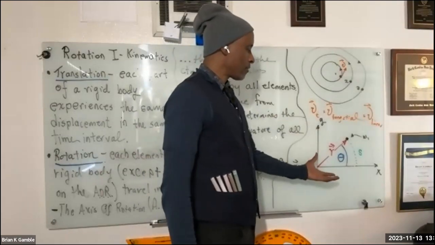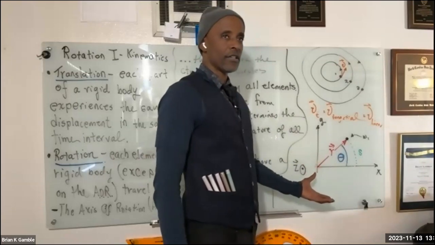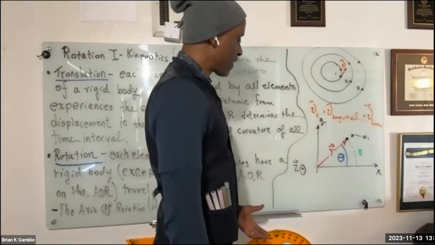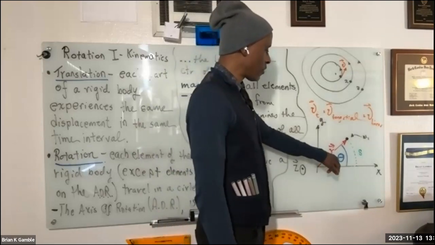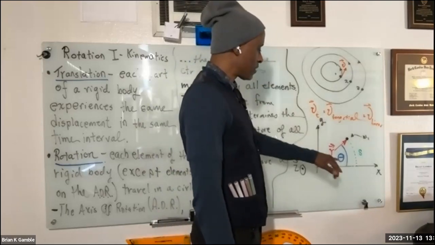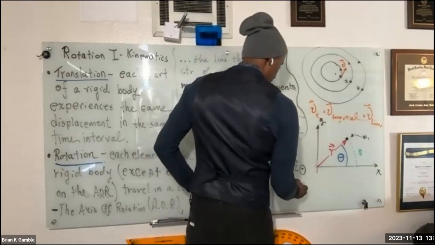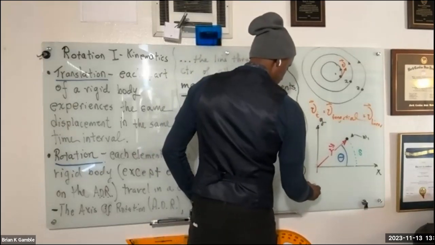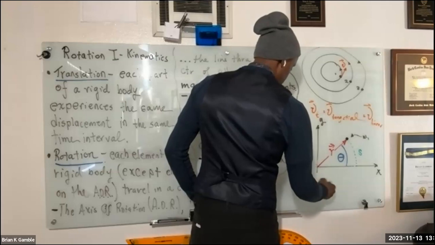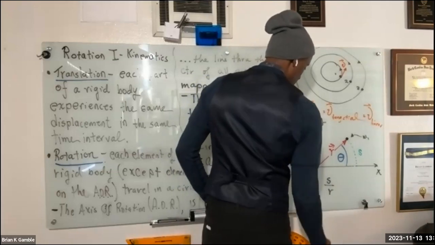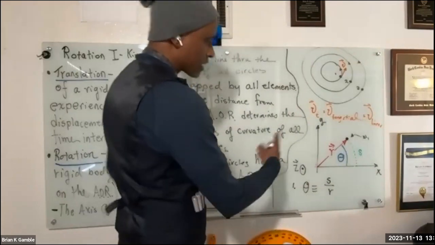This is where an angle is actually defined. It is a unitless number because it's defined as the ratio of the arc length versus the radius. That is to say that the angular position, theta, is defined as the arc length divided by the radius of curvature.